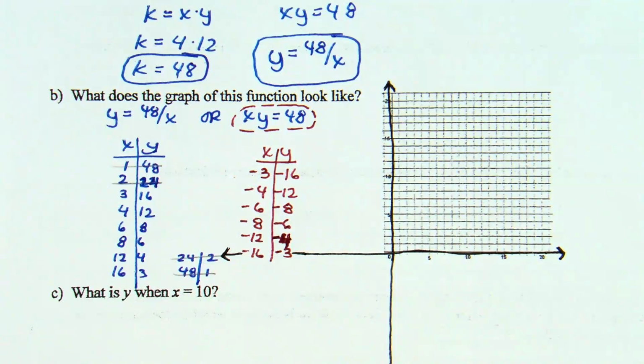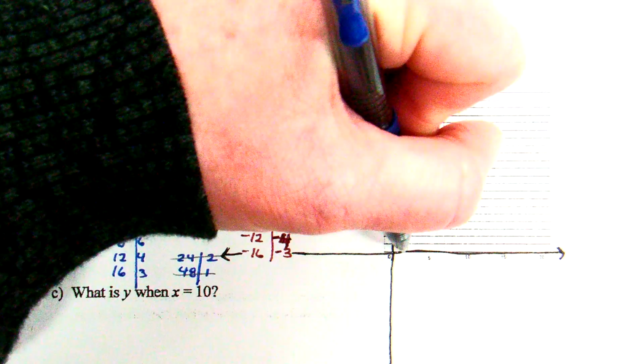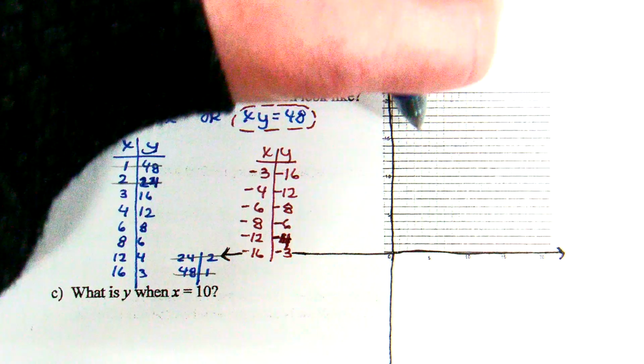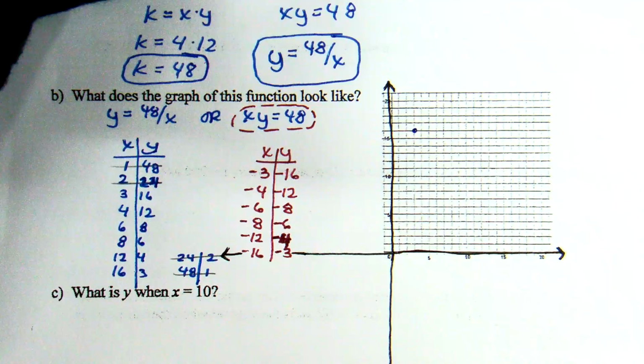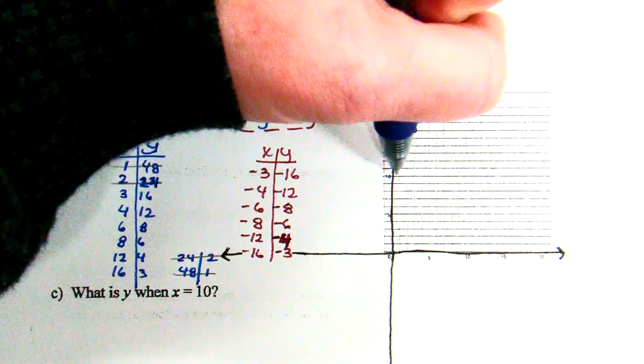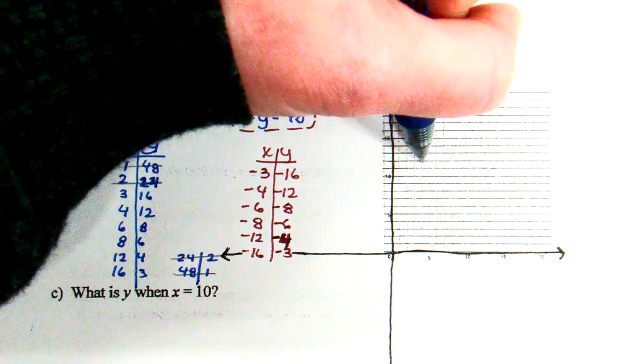Let's worry about the quadrant 1 options. Positive quadrant. So, (3, 16) says we're doing what? Right 3, up 16. (4, 12). Right 4, up 12. (6, 8).